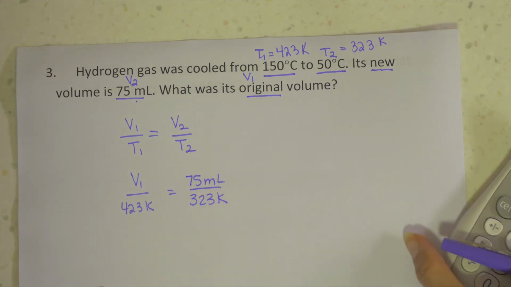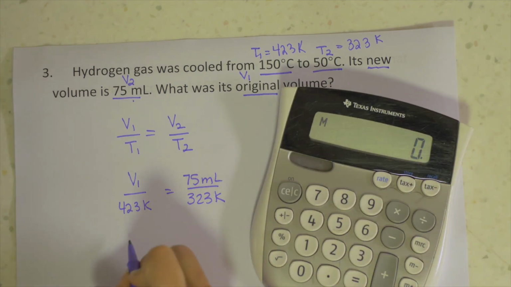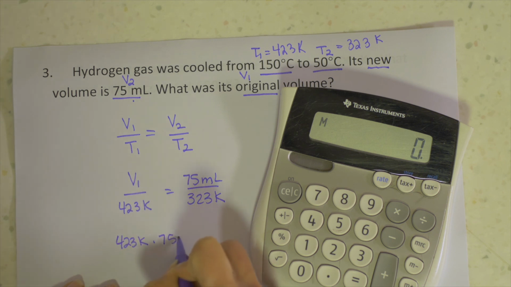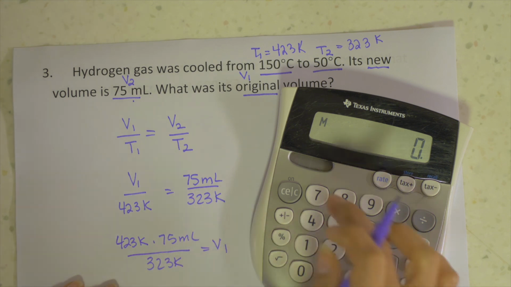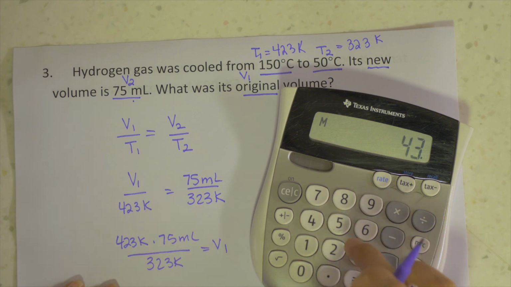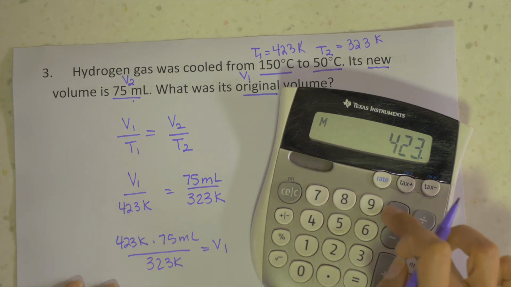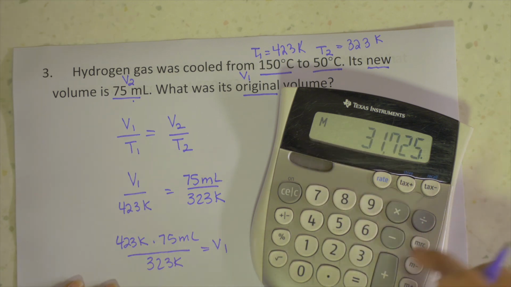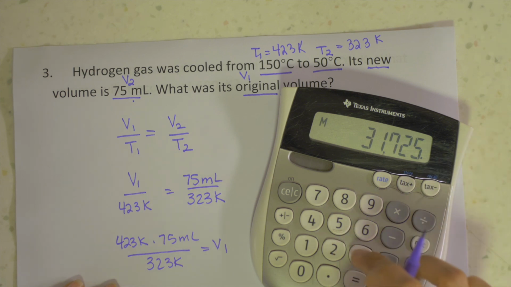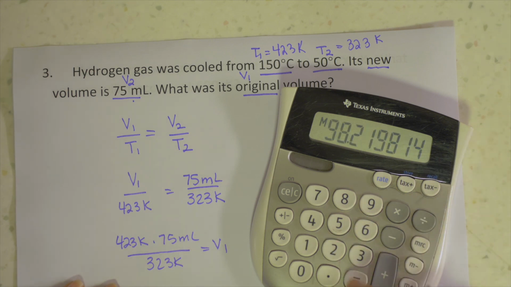Let's check it out. We're going to cross multiply and divide. In our calculator, 423 Kelvin times 75 milliliters, and then we'll divide by 323 to get V1. 423 times 75 divided by 323 gives me a V1 of 98.